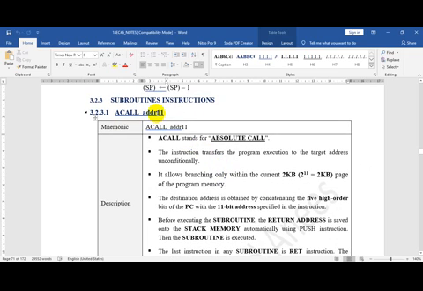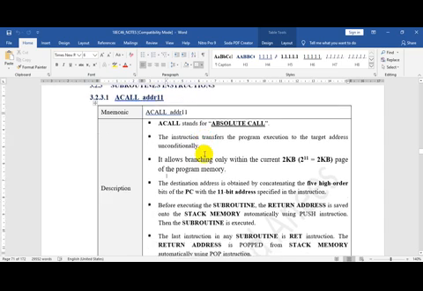Whenever a call instruction occurs, as we have already seen in the mechanism, the processor saves the return address onto the stack by executing automatically two push operations. Then it branches to the subroutine address, executes the subroutine, and when a return instruction occurs, it retrieves back the return address by executing two pop operations automatically.